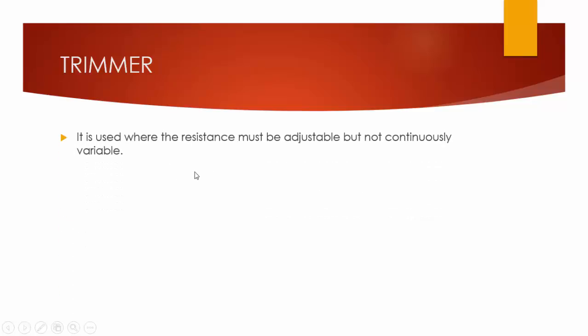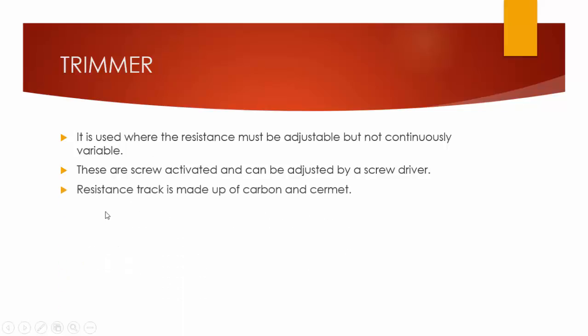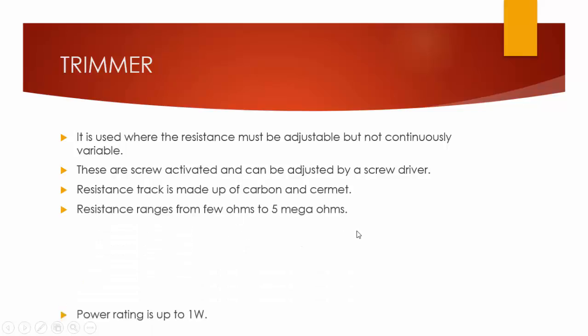Trimmers are used where the resistance must be adjusted but not continuously variable. It is screw activated and can be adjusted by a screwdriver, as I'll show you in the next slide. The resistance track is made up of carbon and cermet. Resistance ranges from a few ohm to 5 mega ohm, and it has a power rating up to 1 watt.